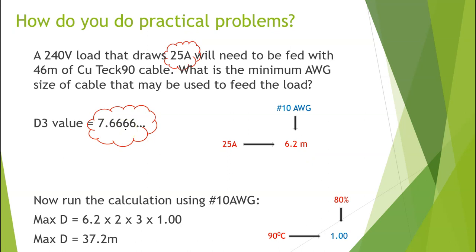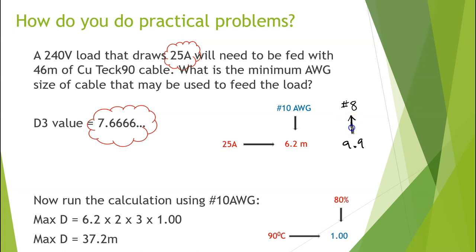And of course, when I say less than, we don't go for the absolute lowest number, we go for the next closest lower number. And so what you would see in table D3 here is that in the row of 25, we have 6.2, and then the next available number is 9.9. And 9.9 is associated with number 8 AWG.